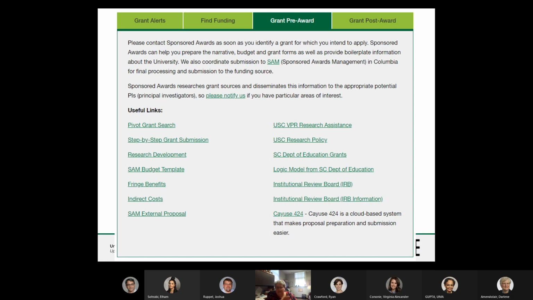What it does is basically fill in a lot of the boilerplate information into forms. So it may be useful. As I say, we're not pushing it as much as we were at the beginning. I think they ran into some issues with it. It wasn't quite the magical solution that we were promised, I think, when the university signed up for it.